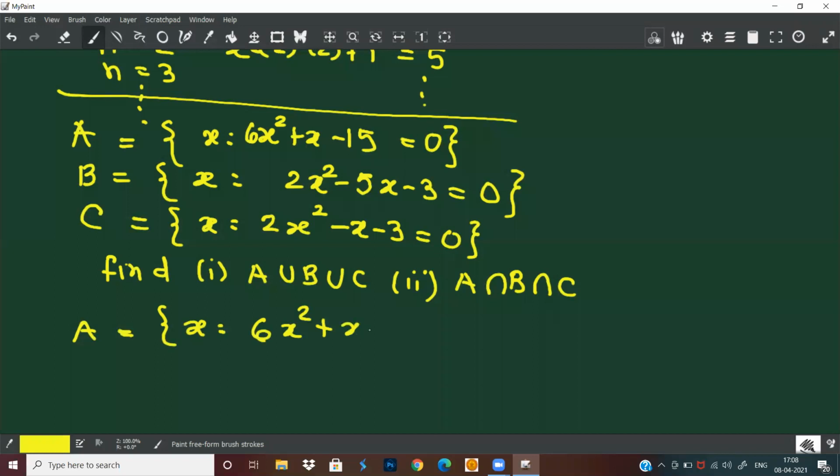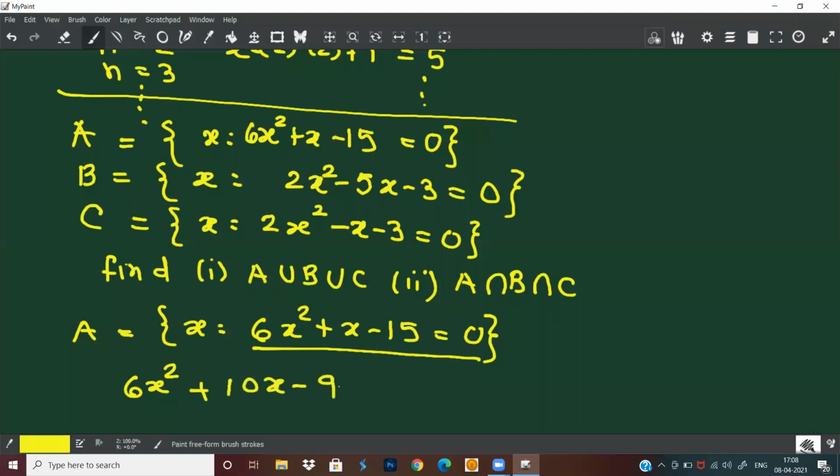See, this is the set builder form. इसका meaning समझ लो. The values of x which satisfy this condition are elements of set A. So ये factorize कर लो. So 6 and -15 -90. So plus 10x and minus 9x minus 15 is 0.